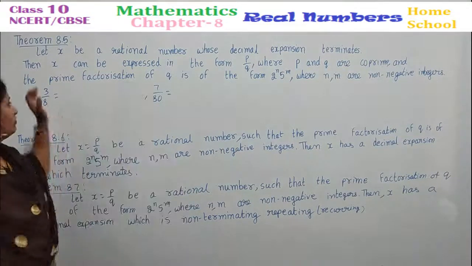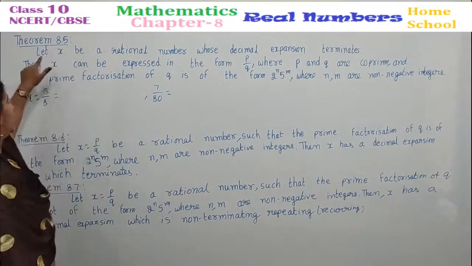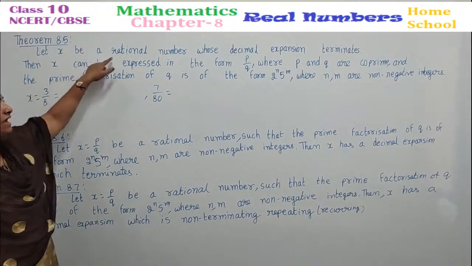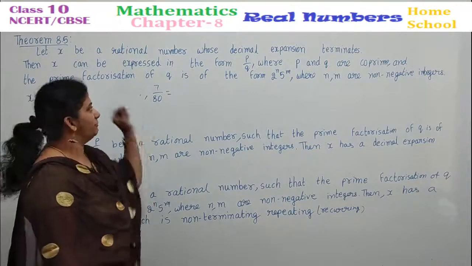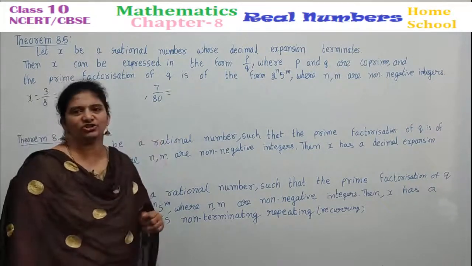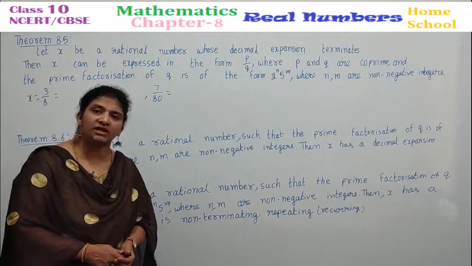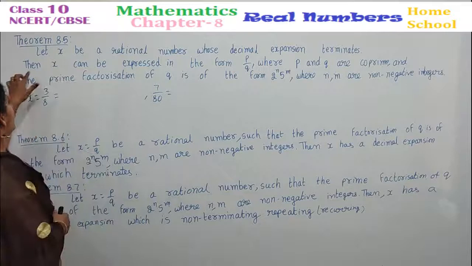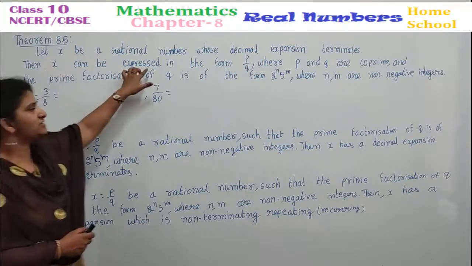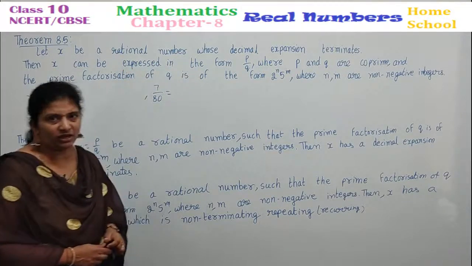Let's see the statement of Theorem 8.5. Let x be a rational number whose decimal expansion terminates. Terminates means there is an end for that decimal expansion. Then x can be expressed in the form p by q.